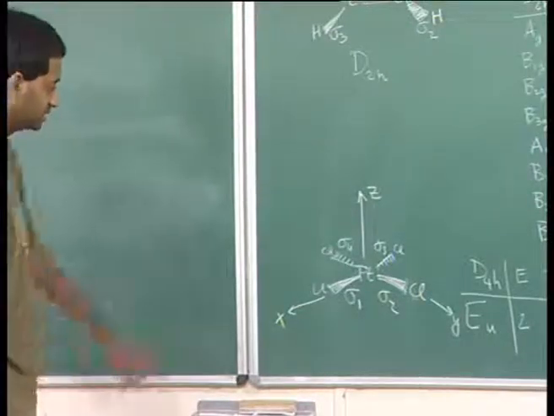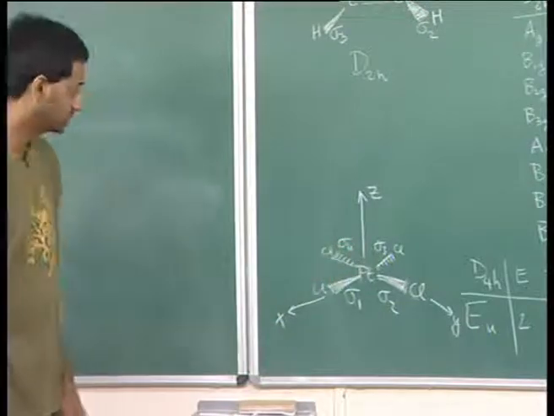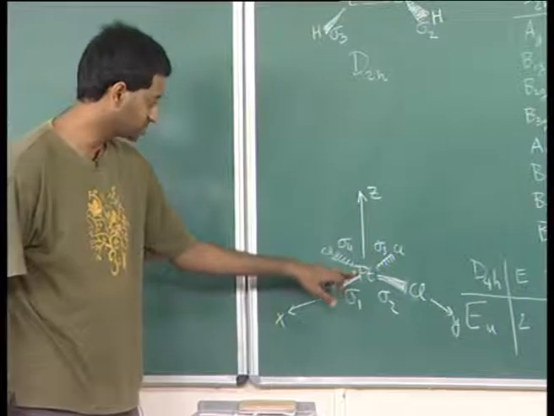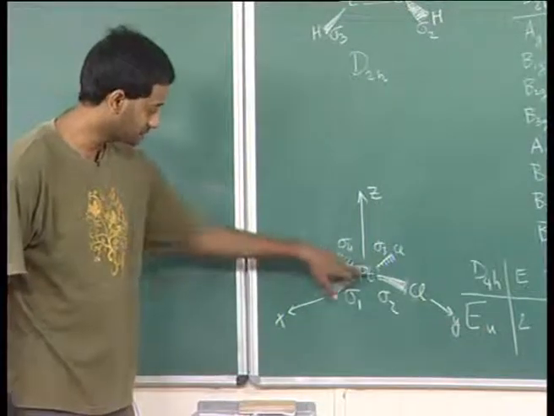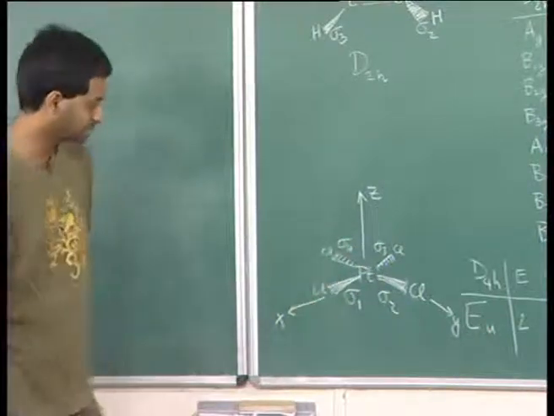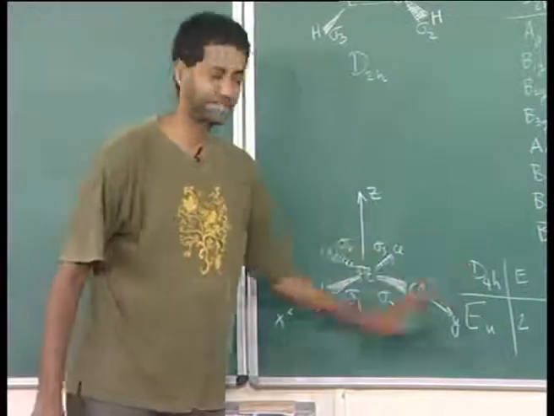So let's consider PtCl4 2 minus. Now PtCl4 2 minus has the PtCl4 unit planar, and this belongs to point group D4h.